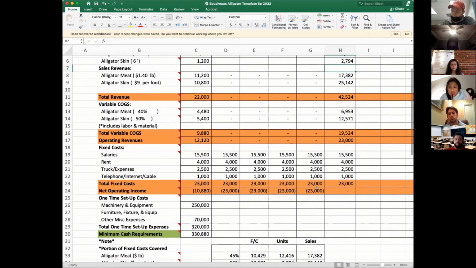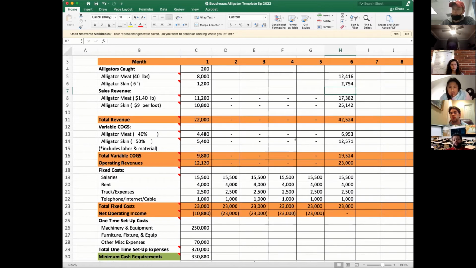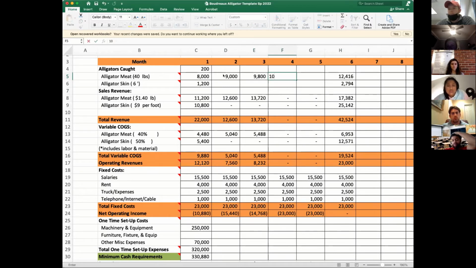So what I know is that I start off with 8,000. I need to get to 12,000. I start off with 1,200 and I need to get here. So what I say is, let's suppose I go to 9,000. Let's suppose here I go to 9,800. Let's suppose here I go to 10,000.